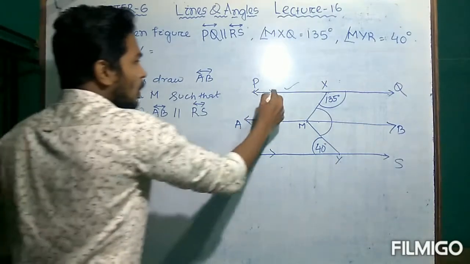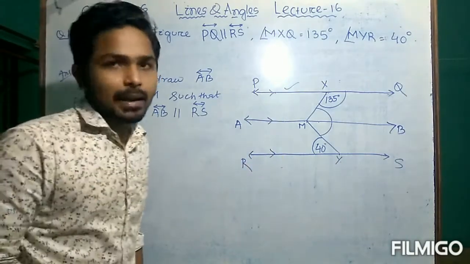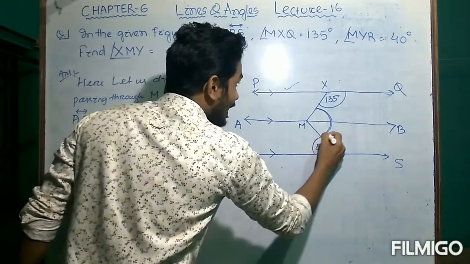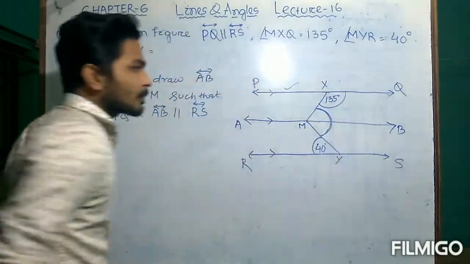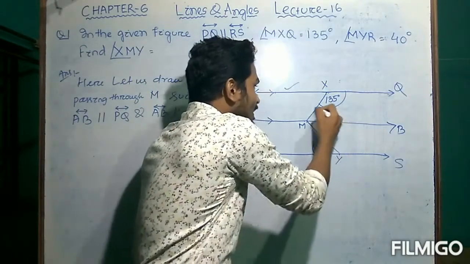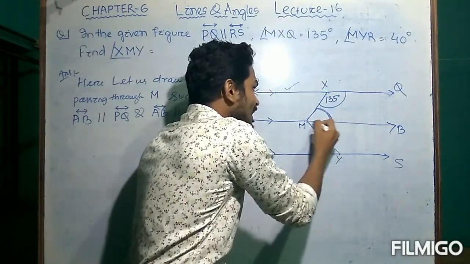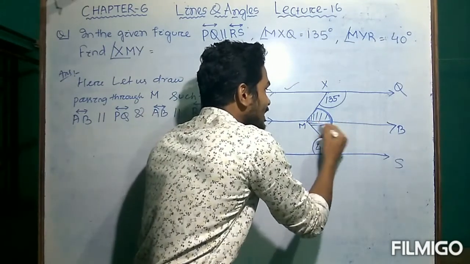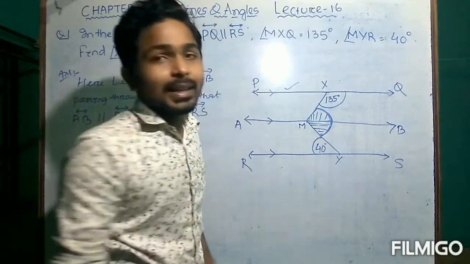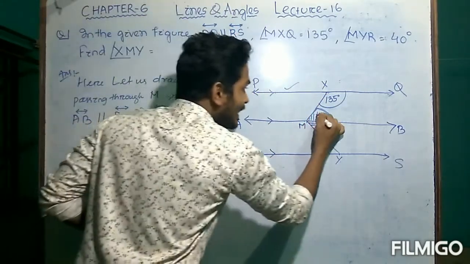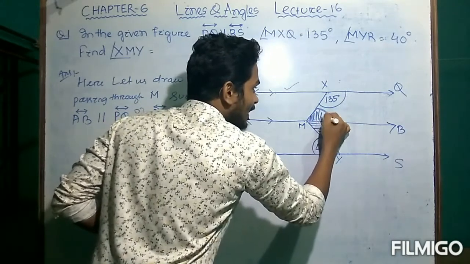So that all three lines are parallel. Understood? Now we will find this total angle XMY. If we want to find this angle, we first find this angle, then we find this angle, and if we add these two angles, we can easily get XMY. So our target is to find this angle.